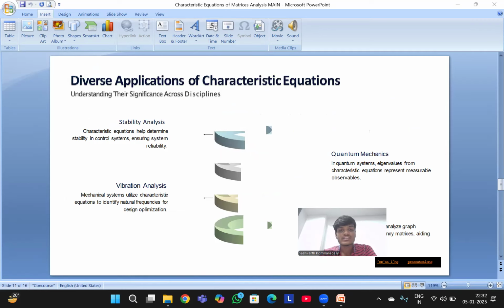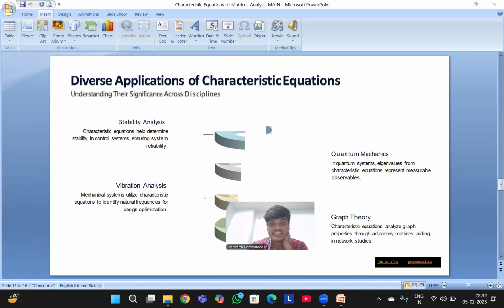The diverse applications of characteristic equations. Understanding their significance across disciplines. Stability analysis: characteristic equations help determine stability in control systems, ensuring system reliability. Next, vibration analysis. Mechanical systems utilize characteristic equations to identify natural frequencies for design optimization.